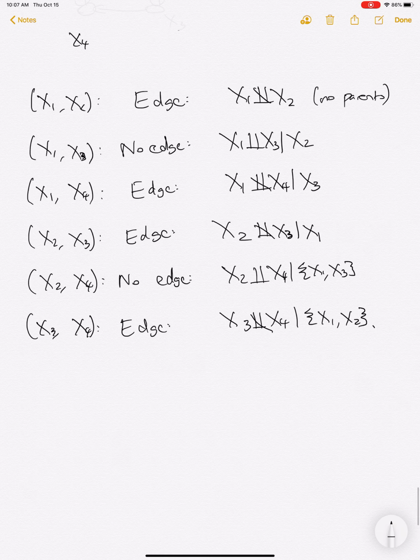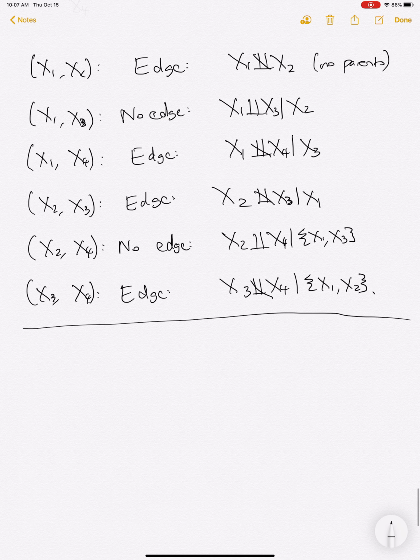Okay, and just for our own sanity, we're going to check that we have the factorization.